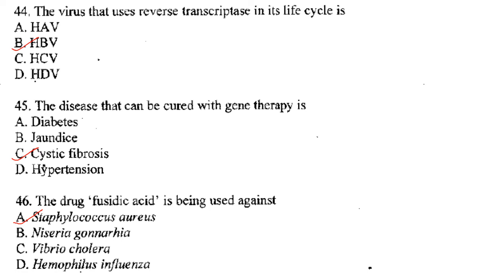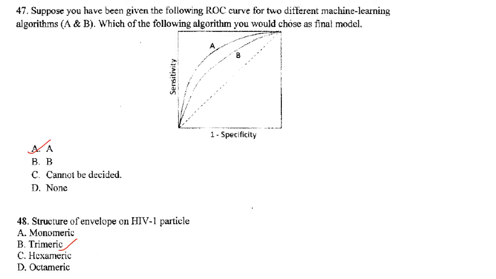Then the next one. The disease that can be cured with gene therapy is cystic fibrosis. Answer is option C. The drug fusidic acid is used against Staphylococcus aureus. Answer is option A.